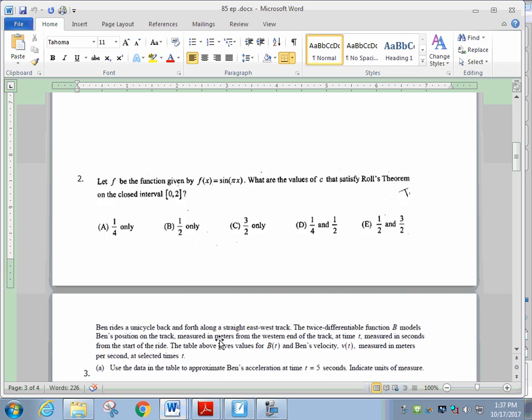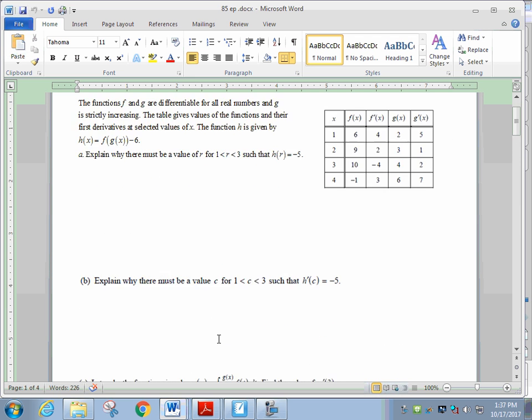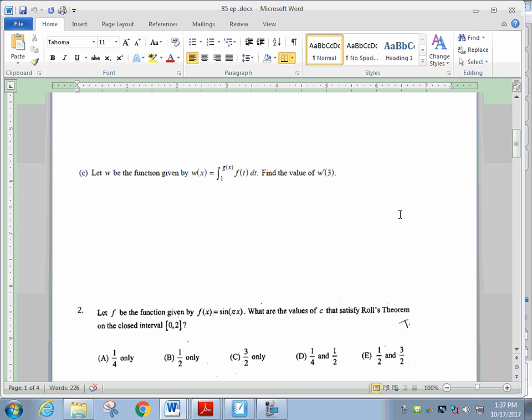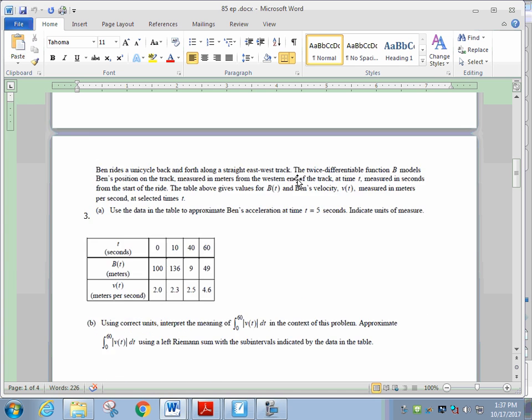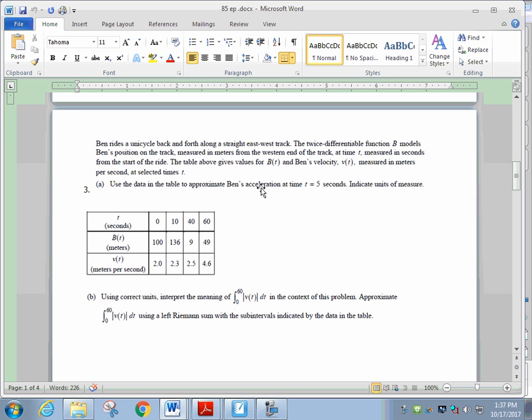Did we get through the mean value theorem? We're still on 3. Ben rides his unicycle. One thing I'd like you to look for in part A: did you use an average rate of change over the interval to estimate?